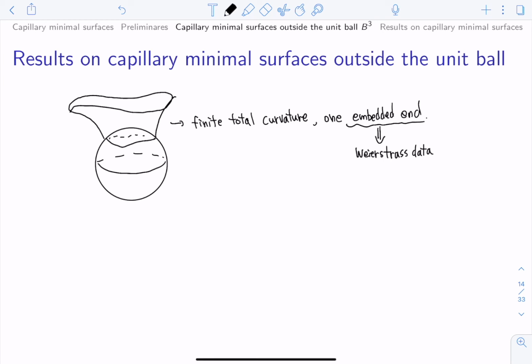In fact, this is another good example where the Weierstrass method shows its strength. In 1983, Schoen showed that this embedded end only has two types of ends.